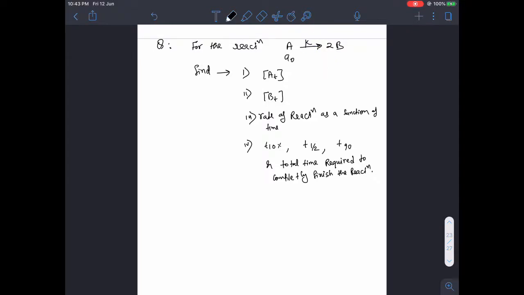I am interested in the concentration of A at time t, the concentration of B at time t, the rate expression as a function of time, and how much time it takes to complete 10% of the reaction, half life, T 90%, all of these. So let us start to solve it.